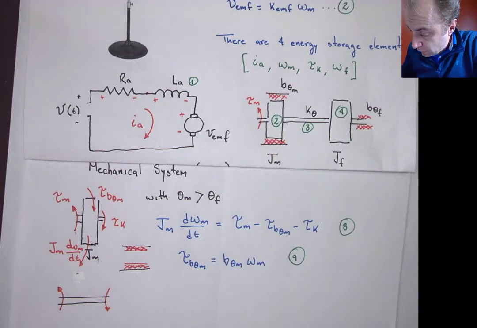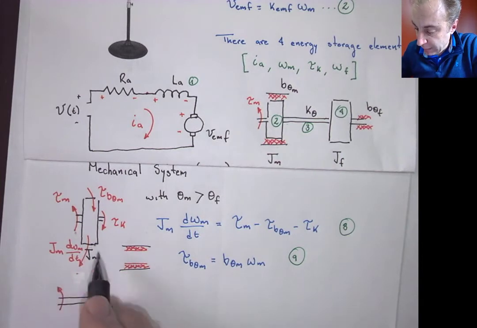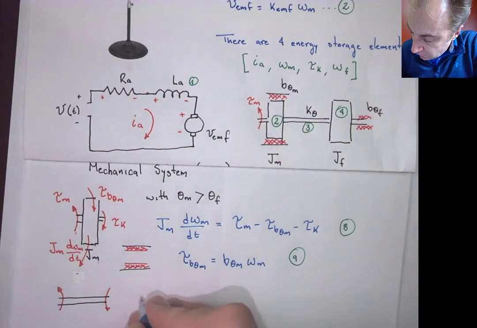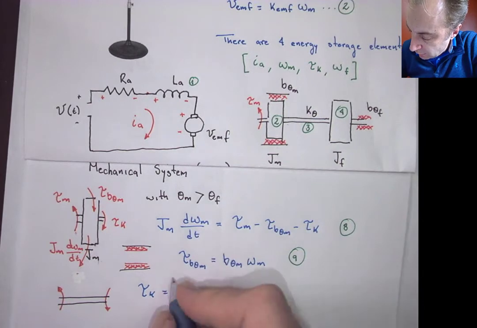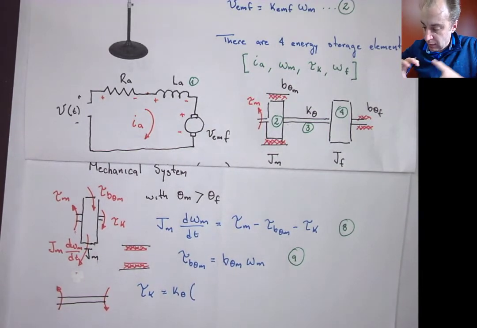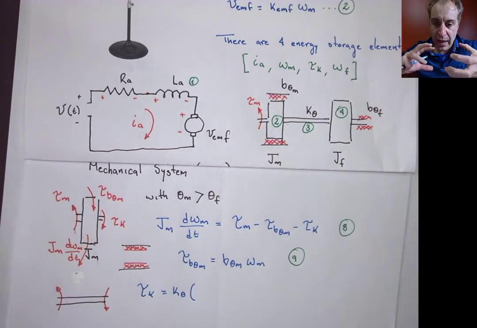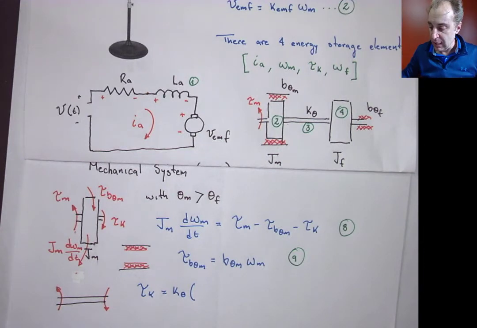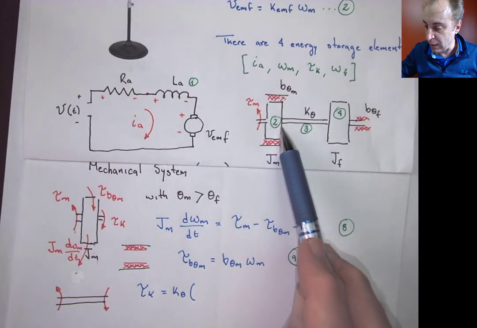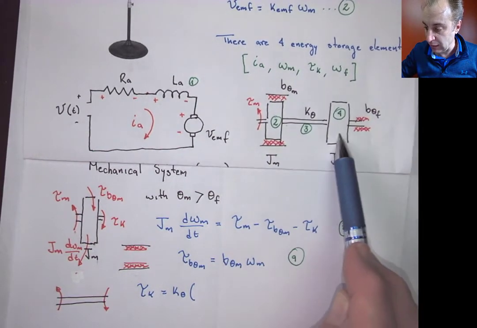The constitutive equation, if we apply Hooke's law, is tau k equal to the stiffness of that spring, k theta, times the torsion in that shaft, and we have two angular displacements, one with this inertia element and the other with that one.